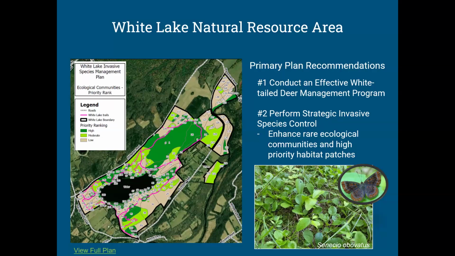It wasn't clear to me whether there was going to be resources to implement the plan, and unfortunately, that could be the fate of a lot of plans. They have a land steward there who basically has to focus a lot on the user experience, because White Lake is pretty popular, and isn't given a lot of time to actually do stewardship.